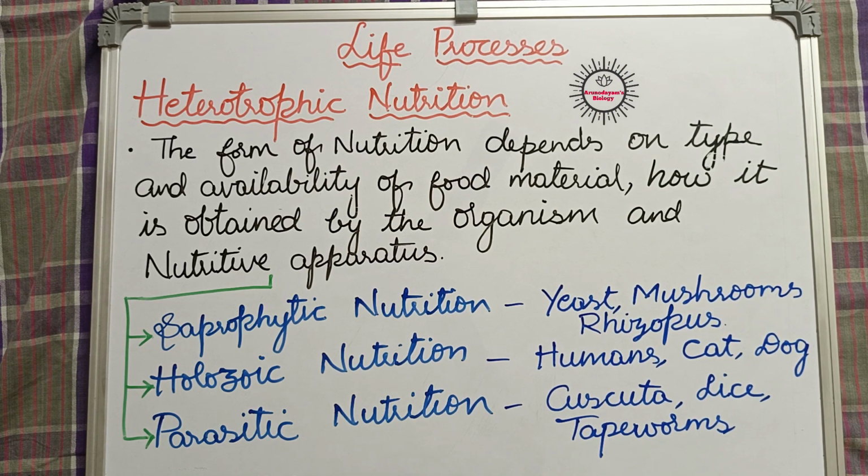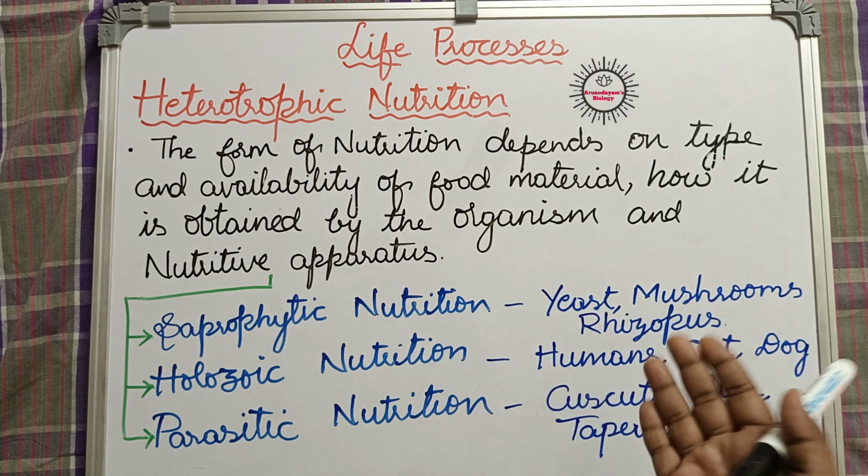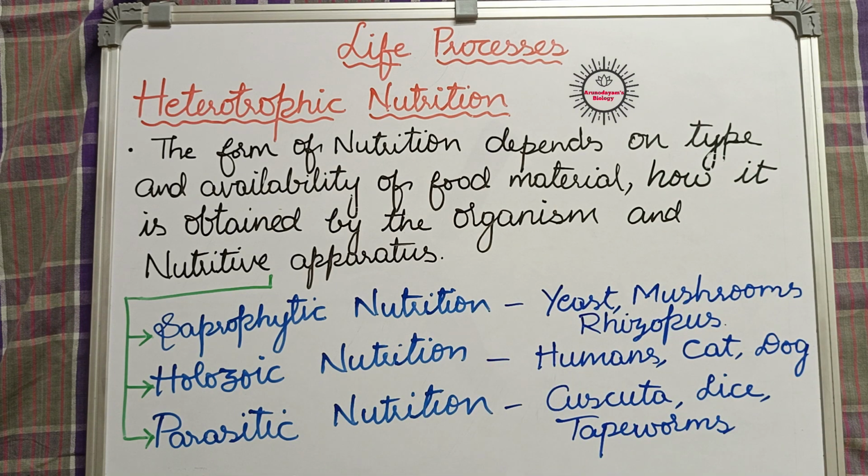Later these saprophytes will absorb the digested food into their body. Mostly these saprophytes depend on dead and decaying organic matter. Examples are yeast, mushroom, rhizopus. All these are saprophytes which release digestive enzymes onto the food material, break it down outside, and then absorb the digested food.